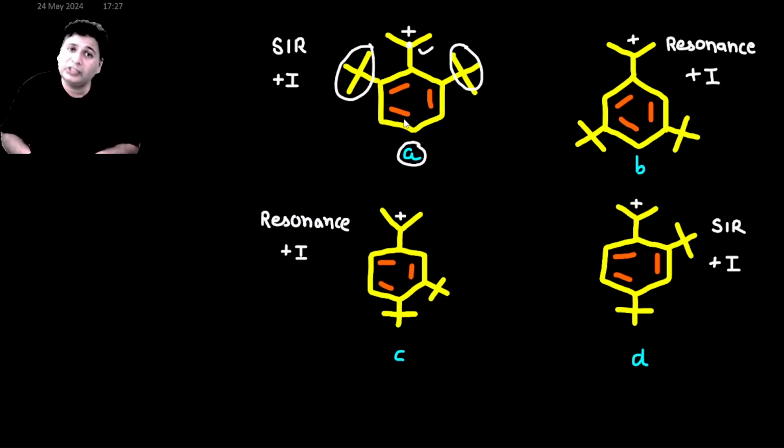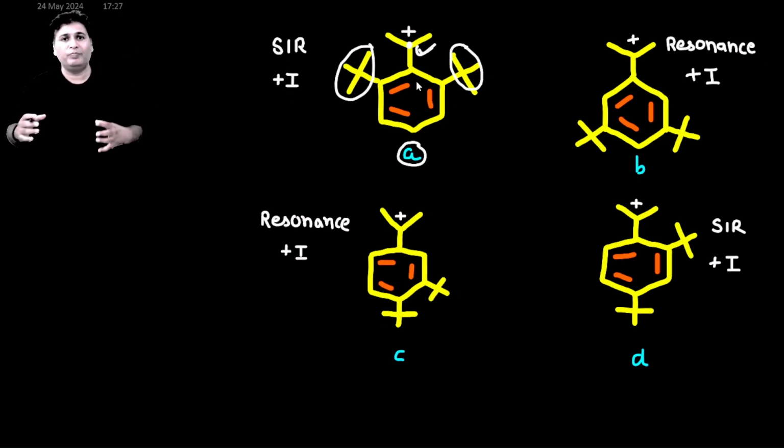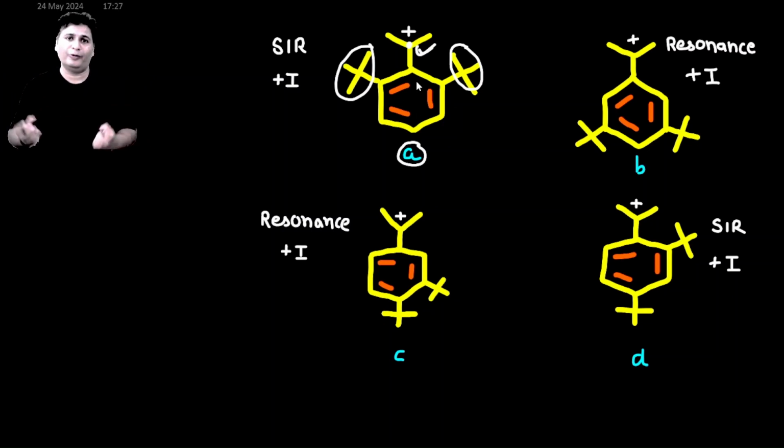The conjugation is lost, the chance of resonance is no more, so there will be no resonance, and this resonance has been lost because of steric repulsion, because of the sizes of the groups.